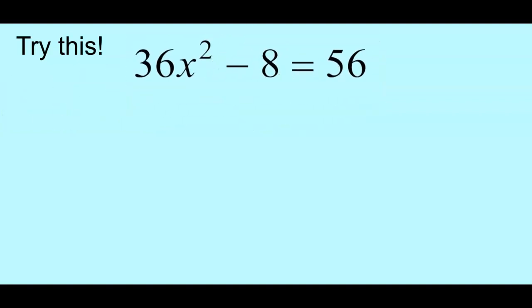Again, just follow your steps for solving equations. You want to isolate x squared. So you want to get just this all by itself first. So add 8 to both sides.